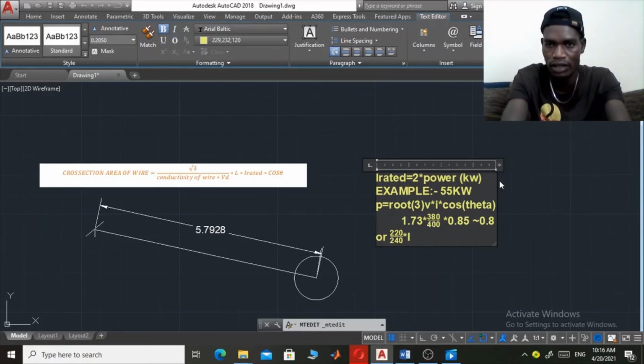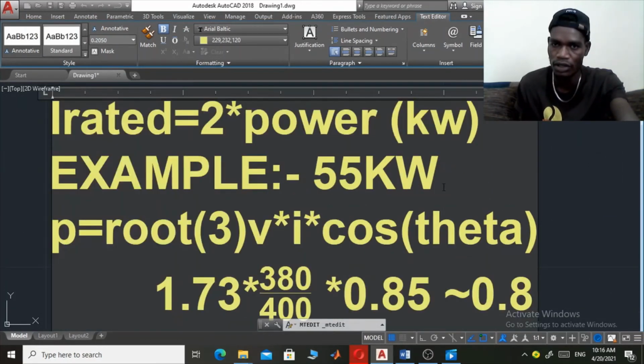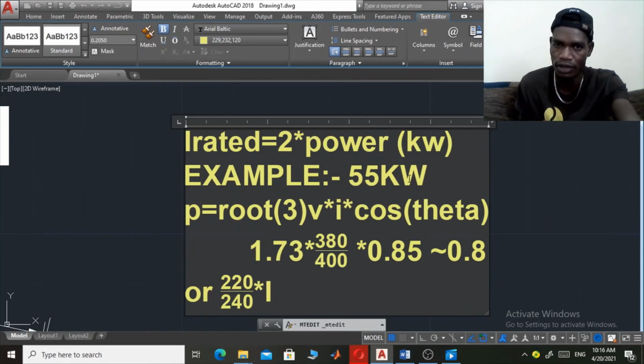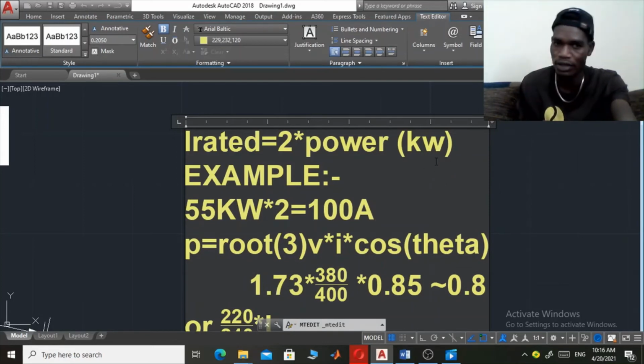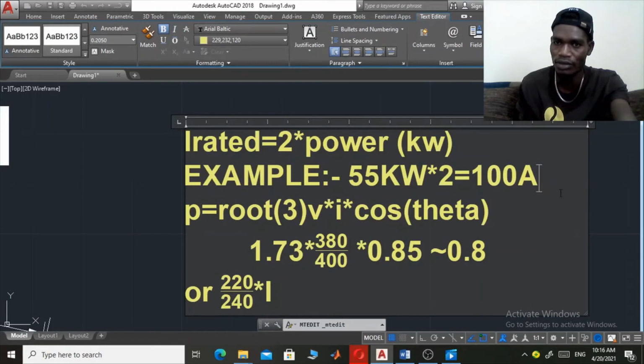If your motor load is 55 kilowatts, you have to multiply this 55 kilowatts with this 2 in order to get the amperage. So the amperage is equivalent to 100 ampere. This is a very important thing you have to know, by the way.